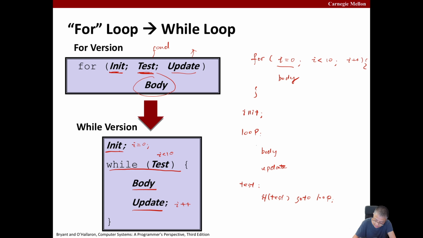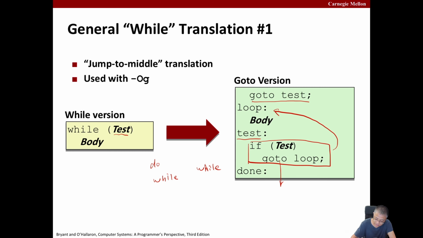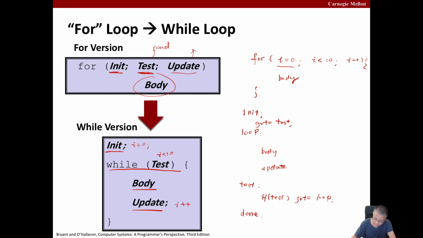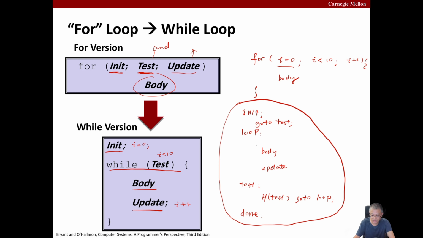This is how we can translate the for loop into goto format.